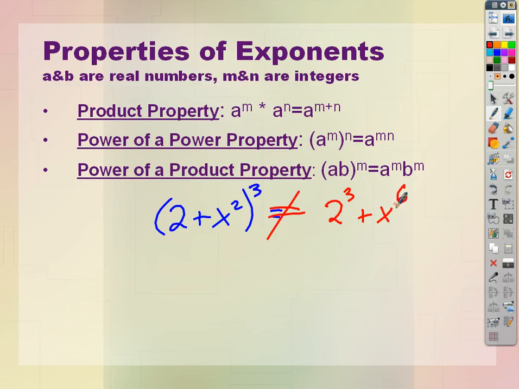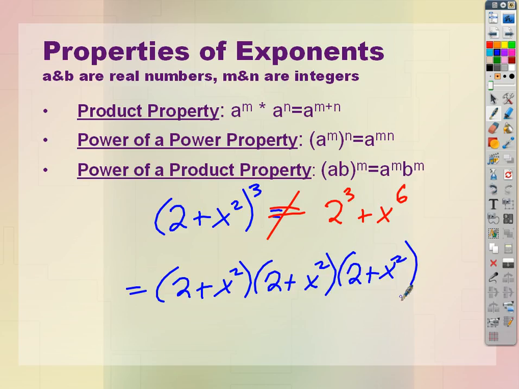What it is equal to is 2 plus x squared times 2 plus x squared times 2 plus x squared, which is an enormous mess. I boil that out 2 at a time. Now I'm going to show you, this chapter will come up with a shortcut formula for dealing with expansions like this. But there's a lot to it. It's not easy. I mean, it's going to take us a whole day to talk about it. It's much harder to do something like this than like this.